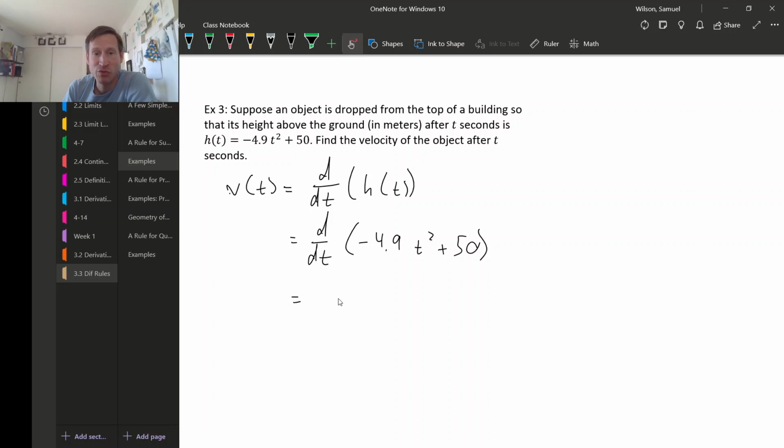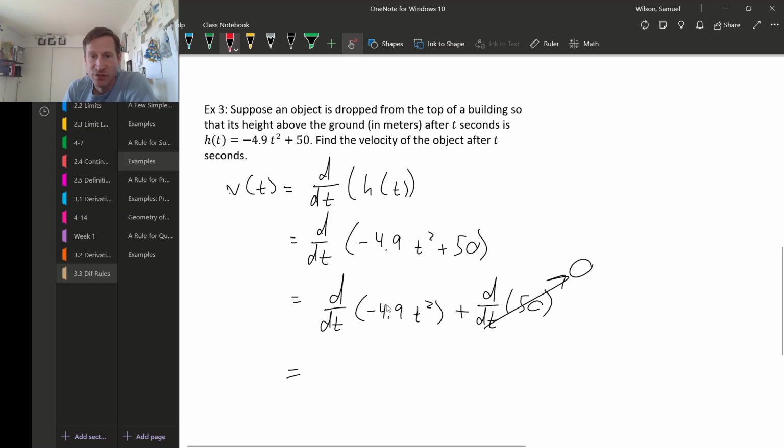Now we can use the sum rule. So this is the derivative with respect to t of minus 4.9 t squared plus the derivative with respect to t of 50. Well, the derivative of a constant is 0, so this part is 0. In this first piece, it's minus 4.9 times t squared.